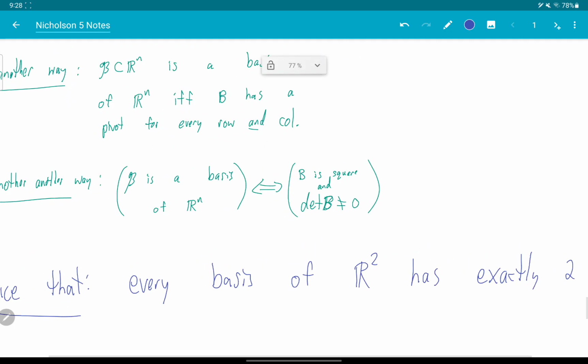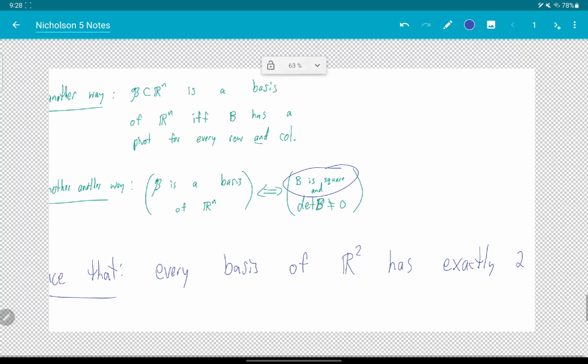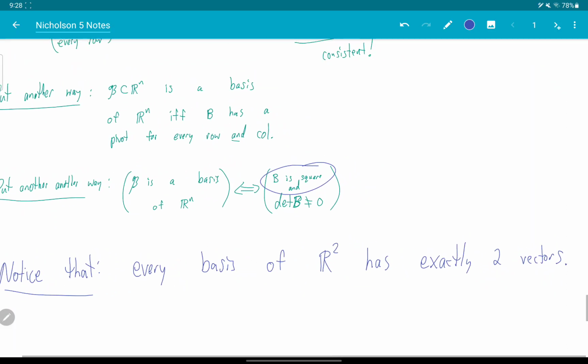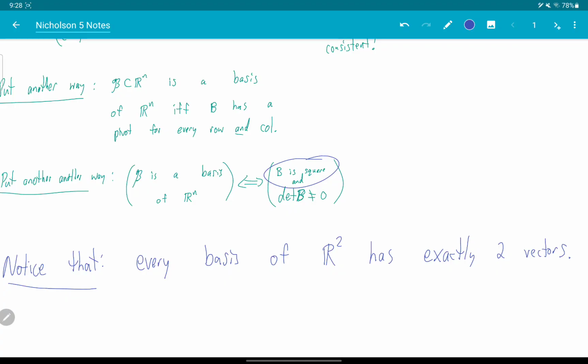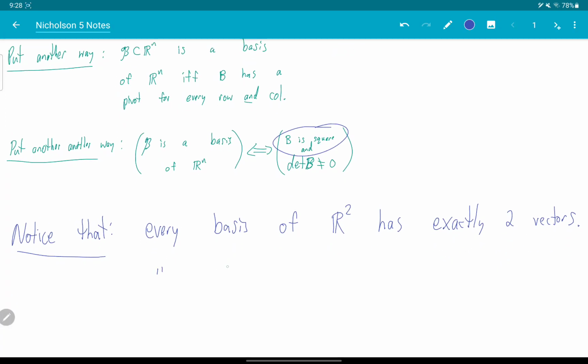That is because this matrix B has to be square. And if you think about it, the number 2 isn't special. Every basis of Rn has exactly n vectors, period.